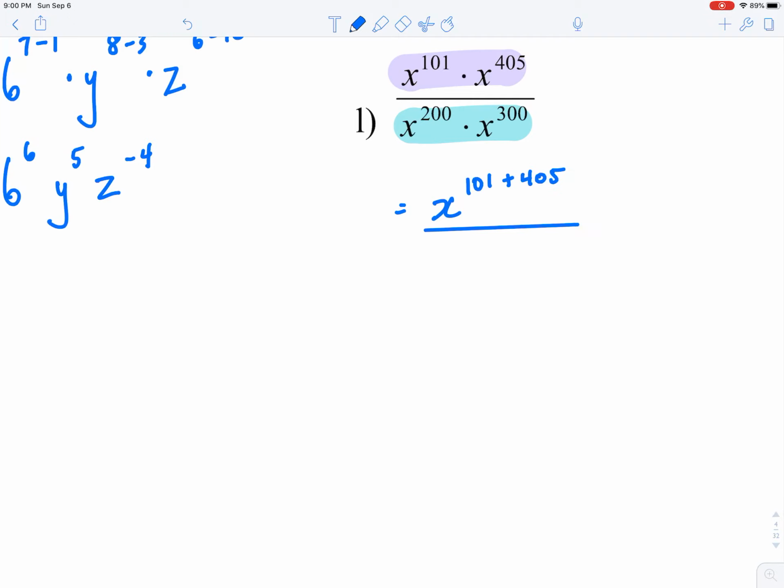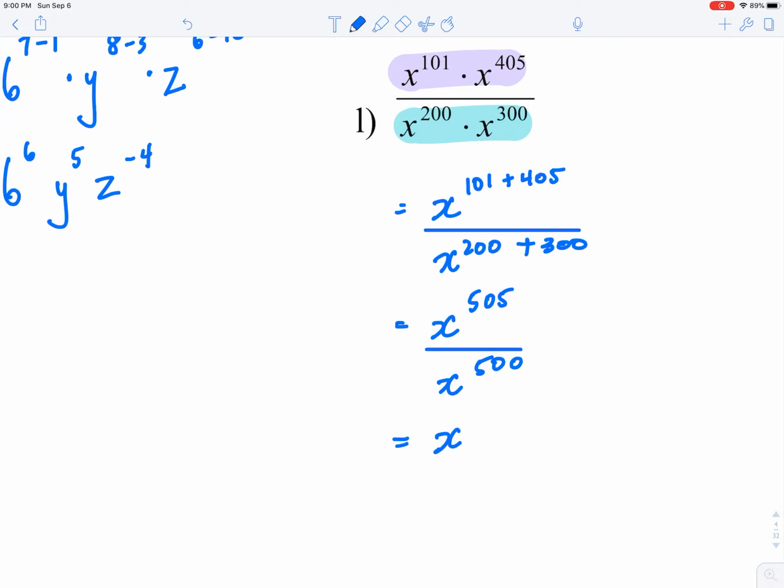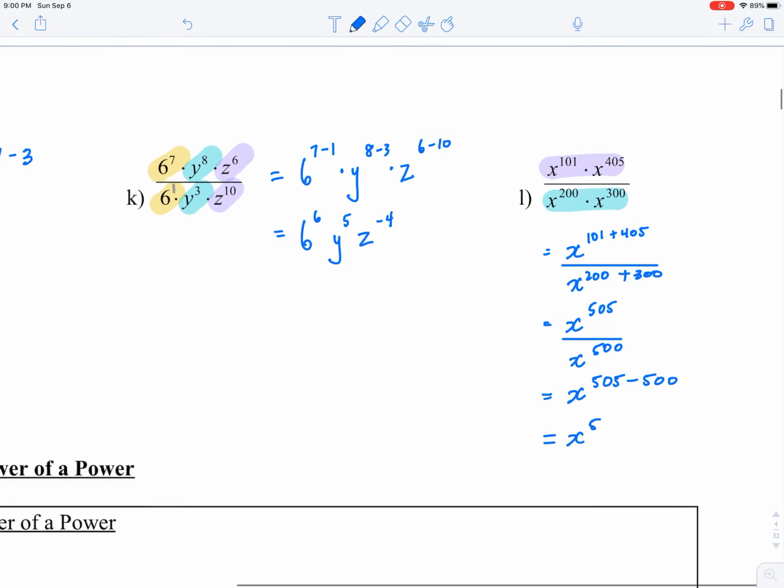And then down low, we have x to the 200 plus 300. So up top, I get x to the 505 over x to the 500. And now the bases match, and we're dividing, so we subtract the exponents. So that's 505 minus 500, and our final answer on this one is just x to the 5.